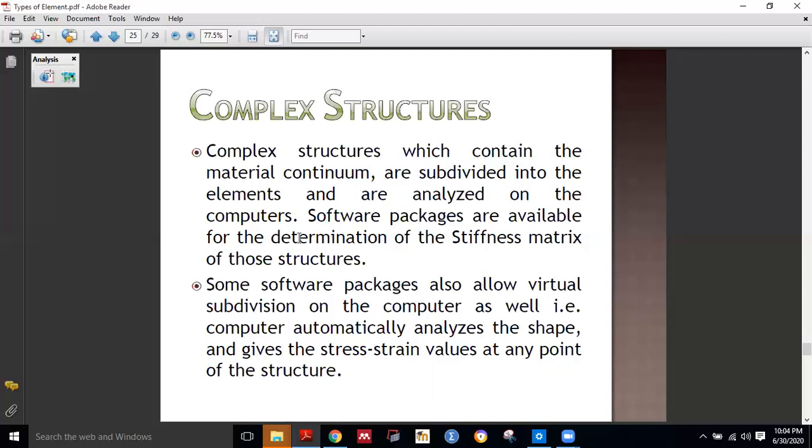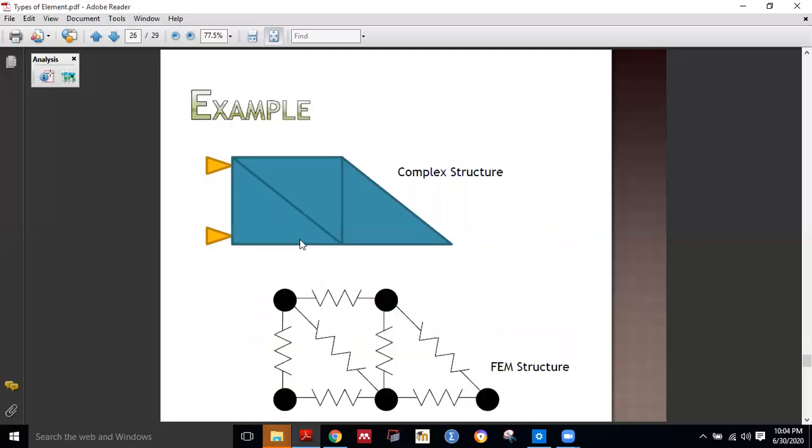But in ANSYS, it will go automatic and do a very fine mesh and it will directly calculate stress and strain values if you are inputting it in pre-processing or asking for the solution of it.